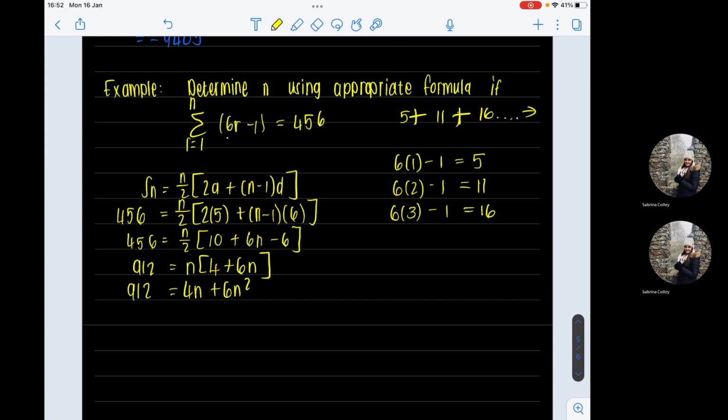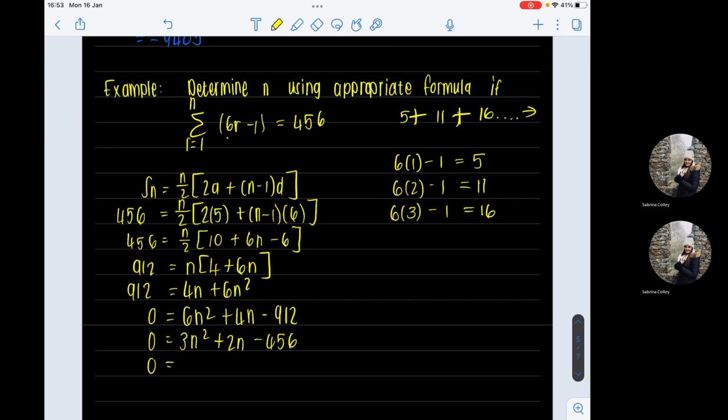So I hope that you're starting to see this as a trinomial: 6n squared plus 4n minus 912. Then if I look here, I can divide everything by 2. So that would give me 0 is equal to 3n squared plus 2n minus 456.